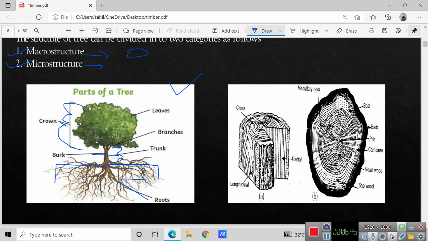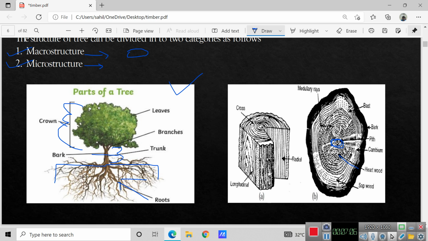Now here is a radial section of wood. You can see the parts of the tree mentioned here, which is first of all the centermost part, that is pith. After that the heartwood.